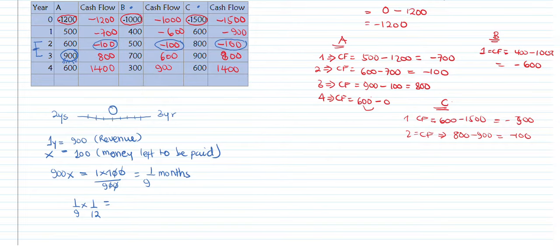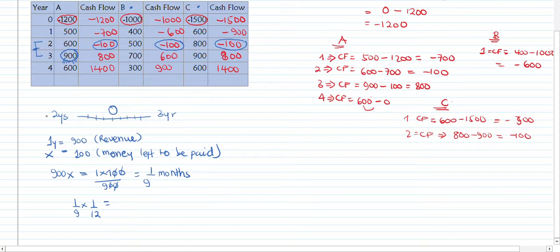Yeah, sorry. I think I made a mistake. Because we are doing it in months, this is supposed to be 12 months. 12 months. My bad. Let me erase this.